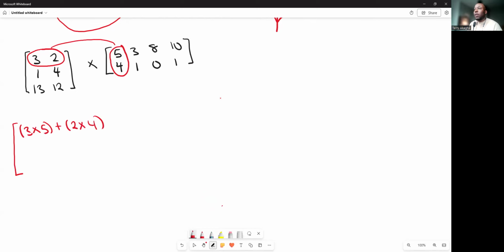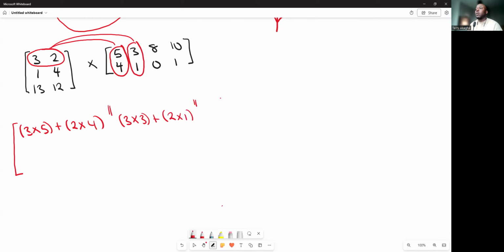Then it's going to open the next one. I'm going to put a dash here so that you know that is the end of the first one. 3 times 3 plus 2 times 1.